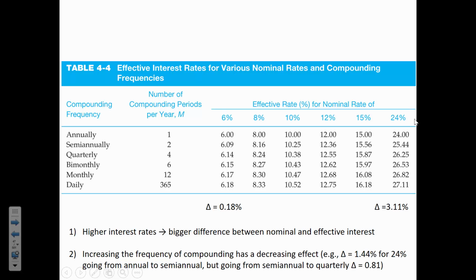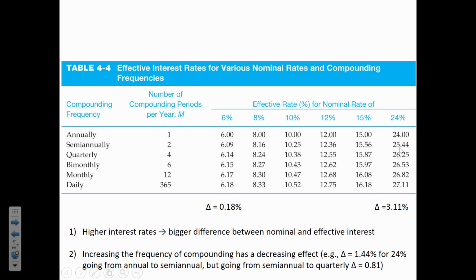The other trend that I wanted to point out is, let's look at the 24% column, going from annual to semi-annual. Just compounding one more time per year takes it from 24% to 25.44%.